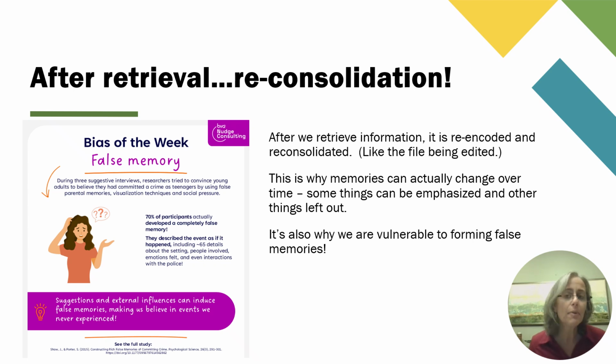But 70% of them actually ended up developing a false memory, a robust false memory full of lots of details about the event, details about the emotions felt, all kinds of things. So just keep in mind, our minds are living things and things can change in response to external influences. So beware. That can be for good and for bad.